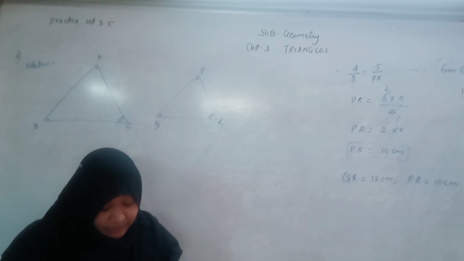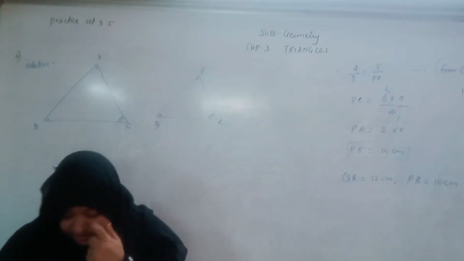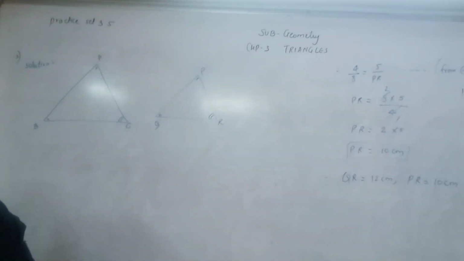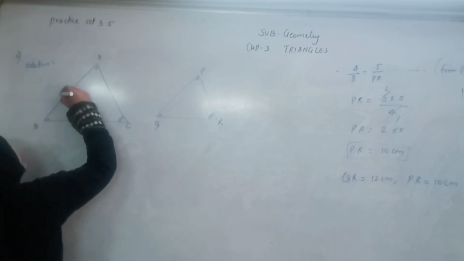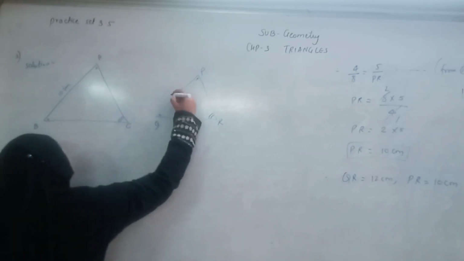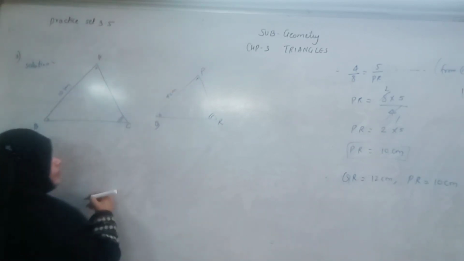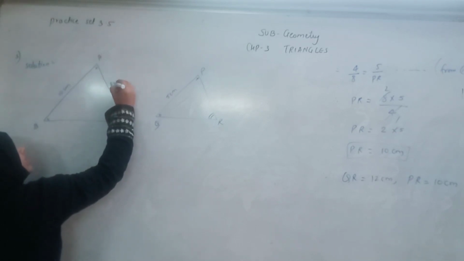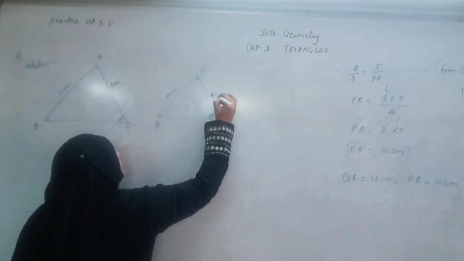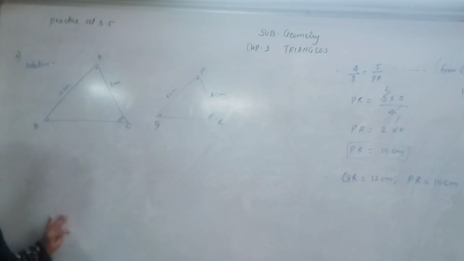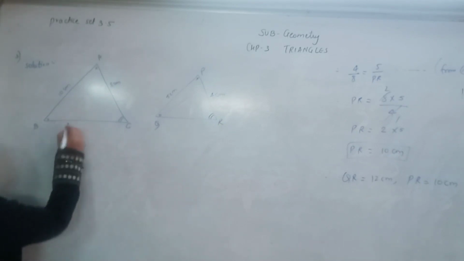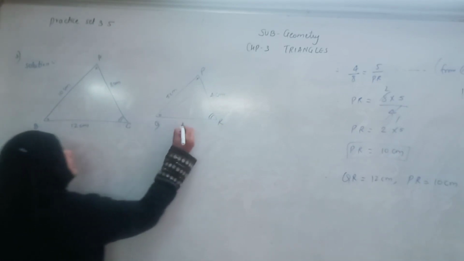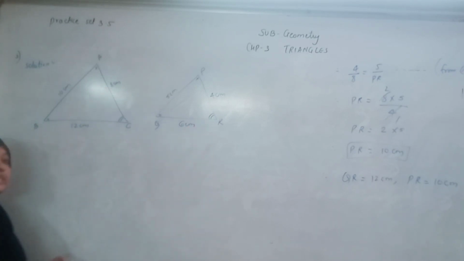Show the length of corresponding sides by numbers in proportion. See, if I have taken this as 10 centimeter, I have to take this as 5 centimeter. If I have taken this as 8 centimeter, I should take this as 4 centimeter. If I have taken this as 12 centimeter, I should take this as 6 centimeter.